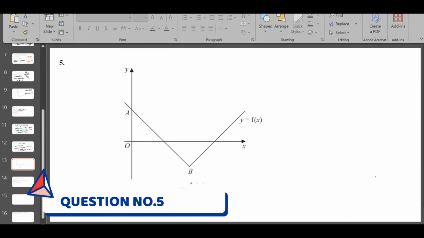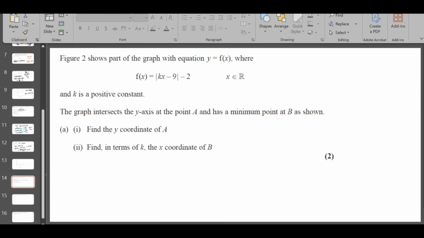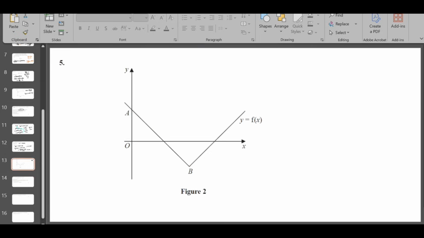Question number 5. We have a modulus function given. Let's read the question. Figure 2 shows part of the curve with the equation f of x equals this, where k is a positive constant. So f of x is the modulus of kx minus 9, minus 2.